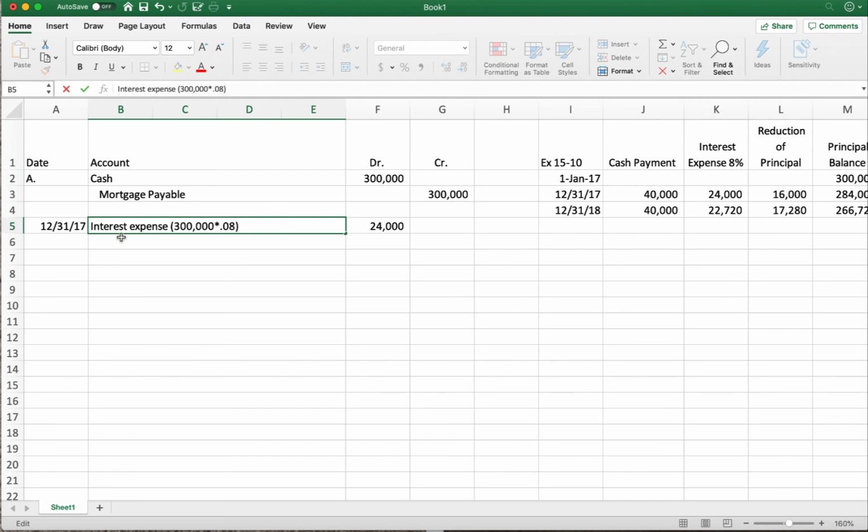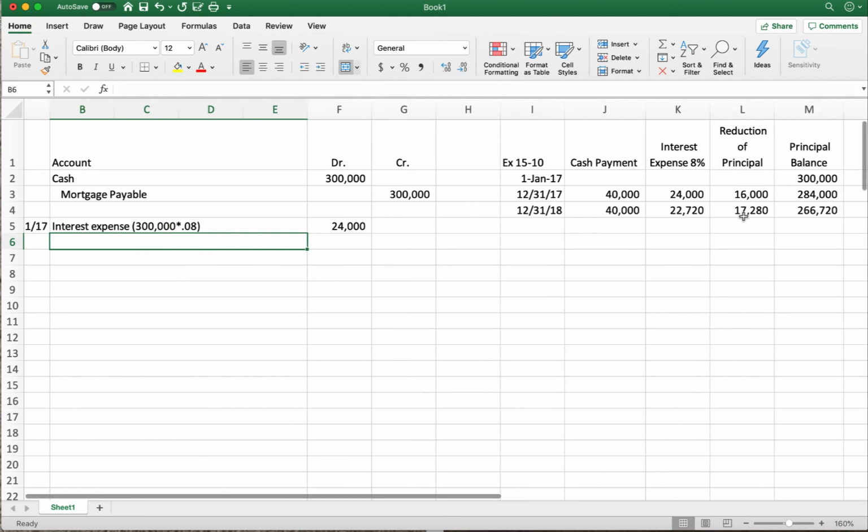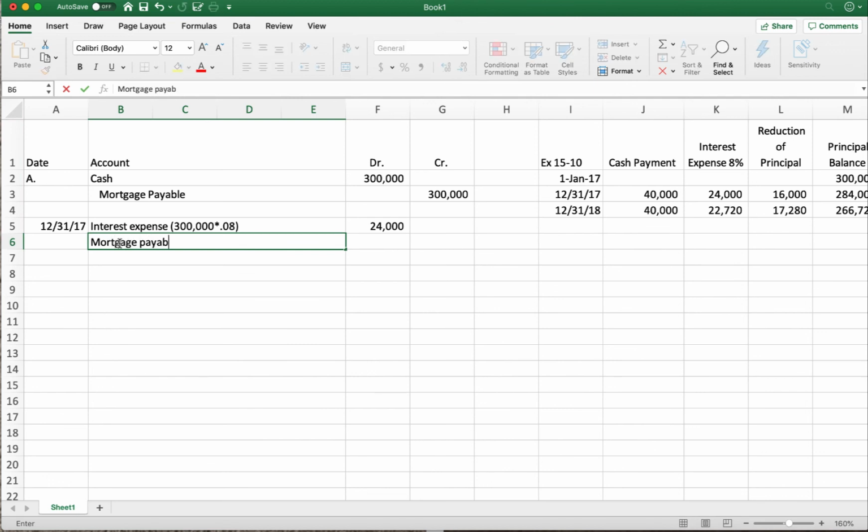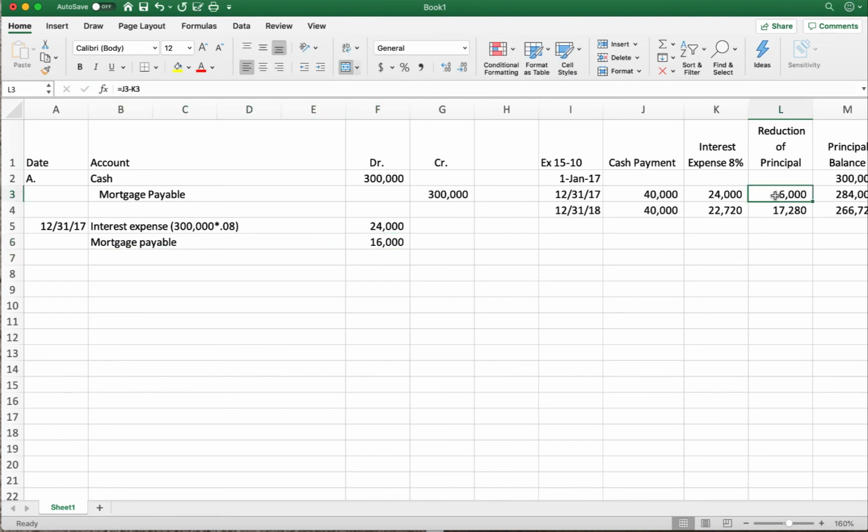The next thing I need to debit is my mortgage payable, because my payable amount of $300,000 is going down. I owe $16,000 less. So I'm going to debit mortgage payable for the $16,000, and I see that right here.